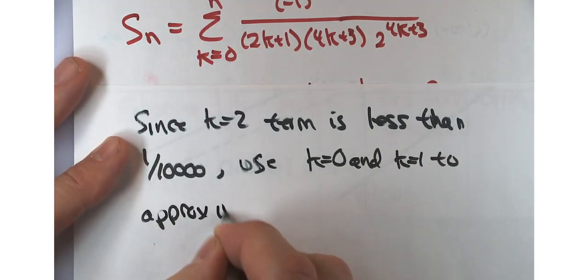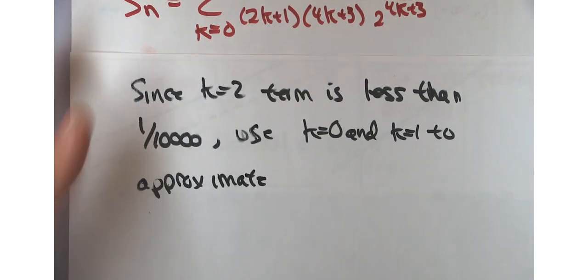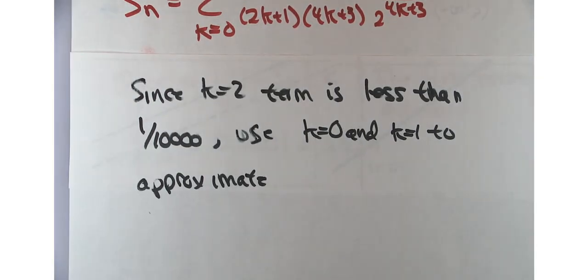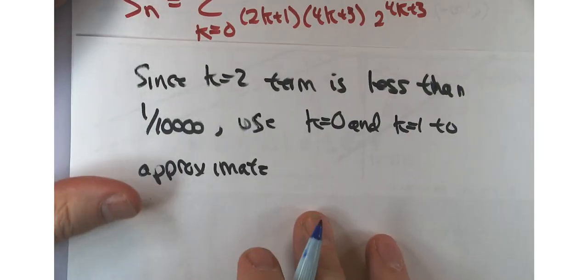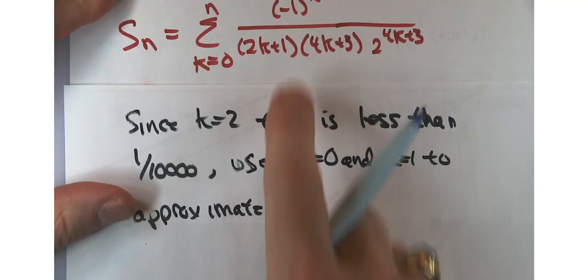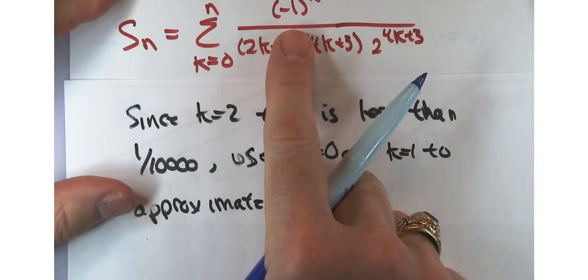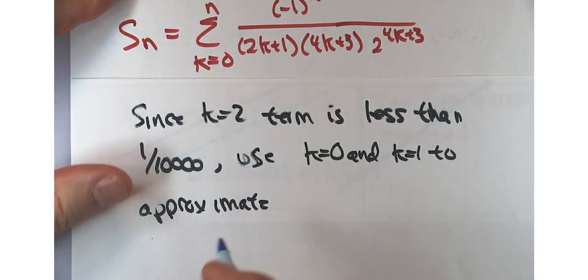And I'm sorry, my pens just seem to be dying on me. So if we're going to do that, let's take a look at what the k equal 0 term and k equal 1 term are going to be.